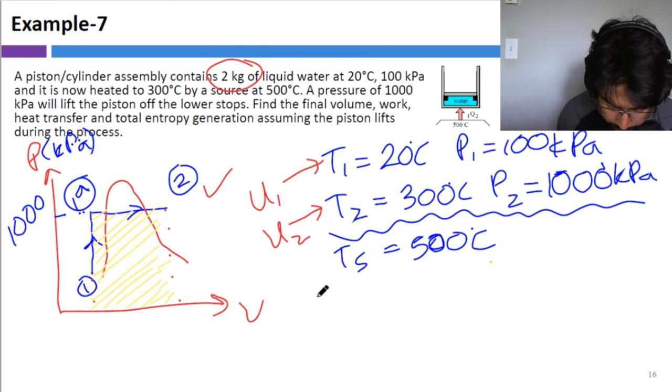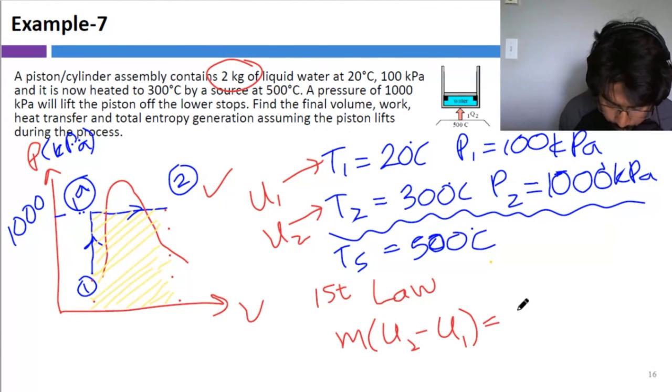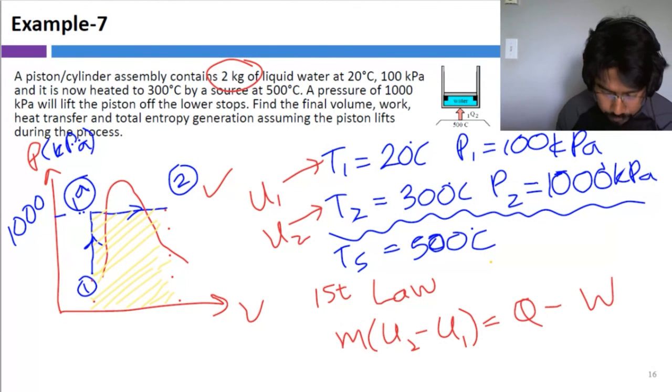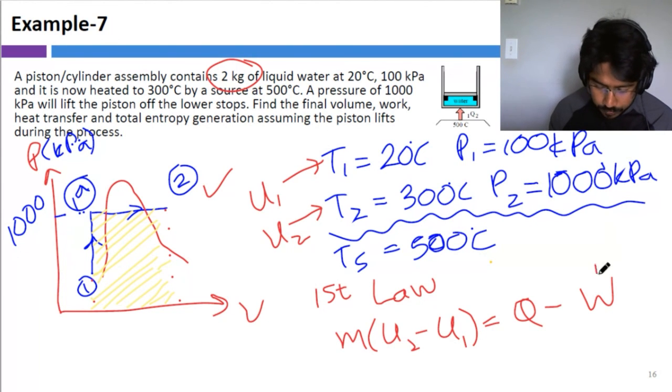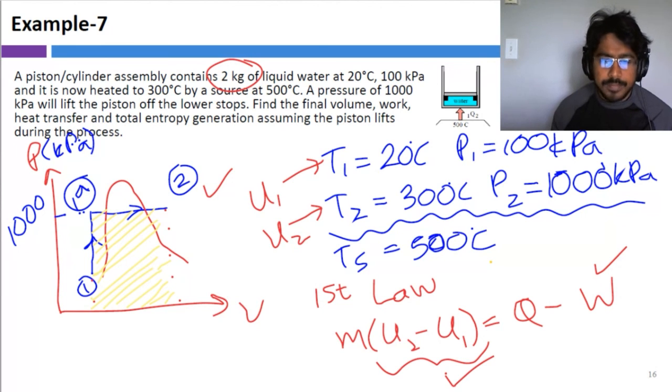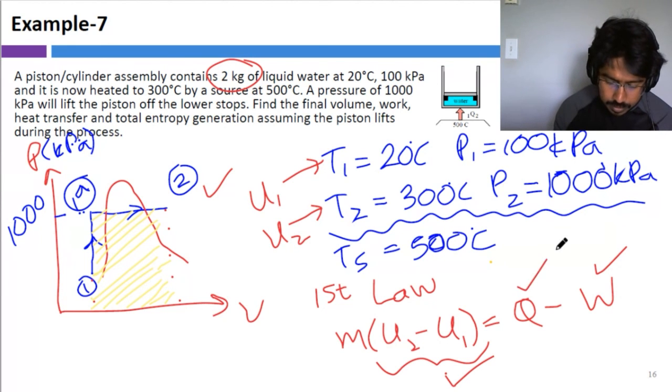Then if you apply the first law for a closed system, it's going to be m(U2 minus U1) equals Q minus W. Work done by the system is already calculated. So we know W, and U1 and U2 can be found from the property tables, and therefore you can find the total heat transfer, right?